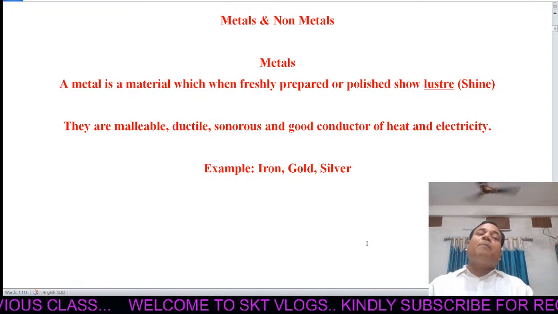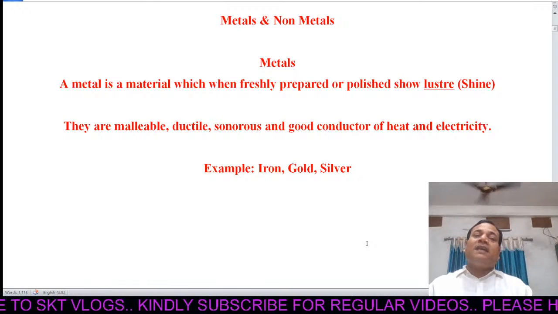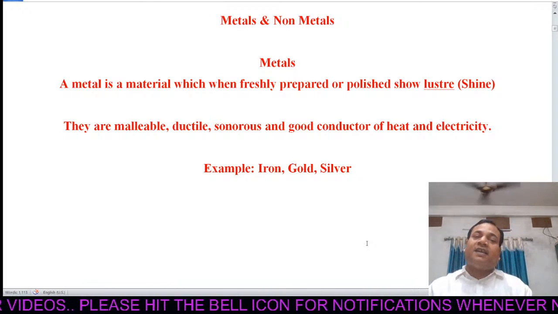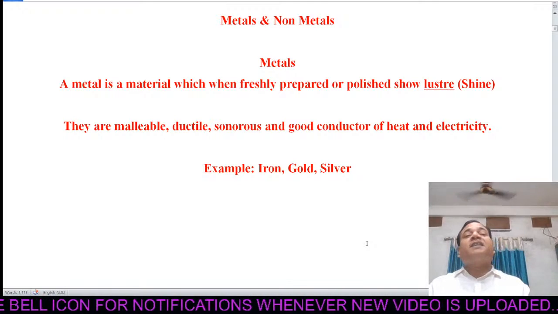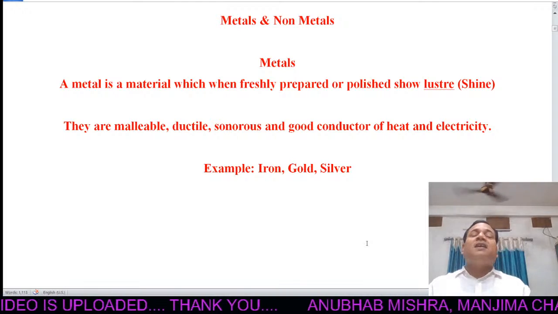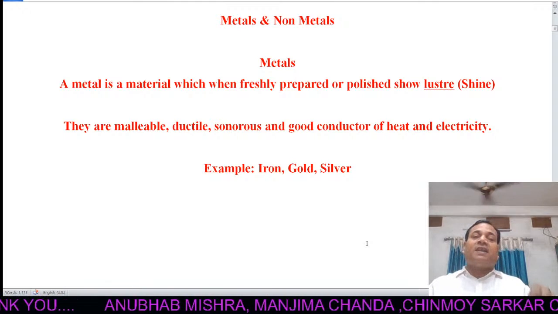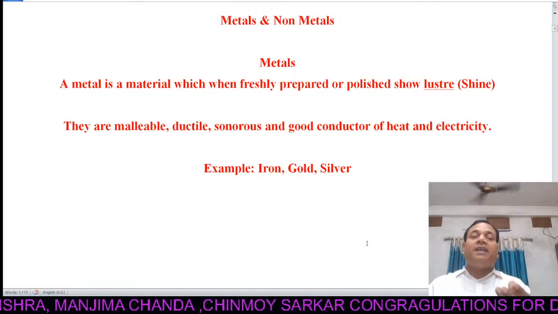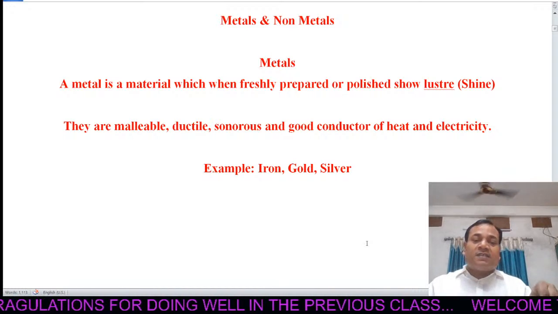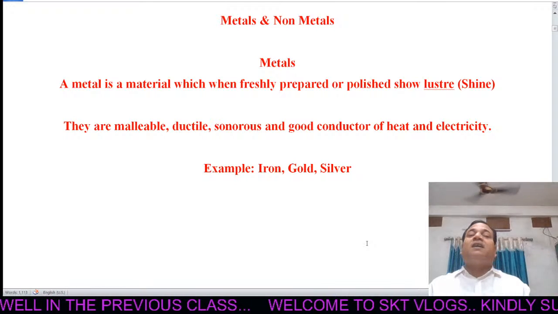Secondly, they are malleable. यानी उसको अपनी इच्छा के हिसाब से शीट बनाया जा सकता है, उसको तार बनाया जा सकता है. They are ductile. They are sonorous. Sonorous means अगर कोई मेटल को आप फर्श पे गिराओ, suppose there is a coin, if you throw that particular coin on the floor, some sound will come.